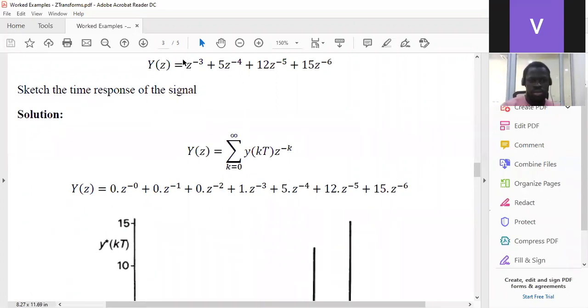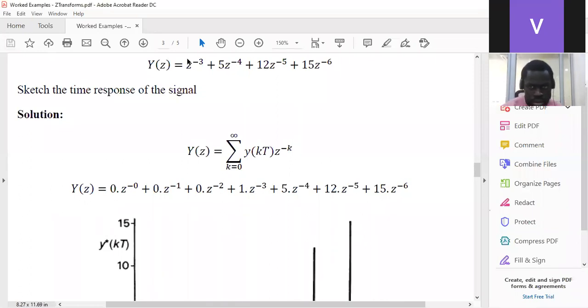So what I'm just doing here is to write this in terms of the definition of the Z transform. This is the question. We're not given Z minus 2. We're not given Z minus 1. We started from Z minus 3. So that means that the x of 1 is 0, the x of 0 is 0, and the x of 2 is 0.